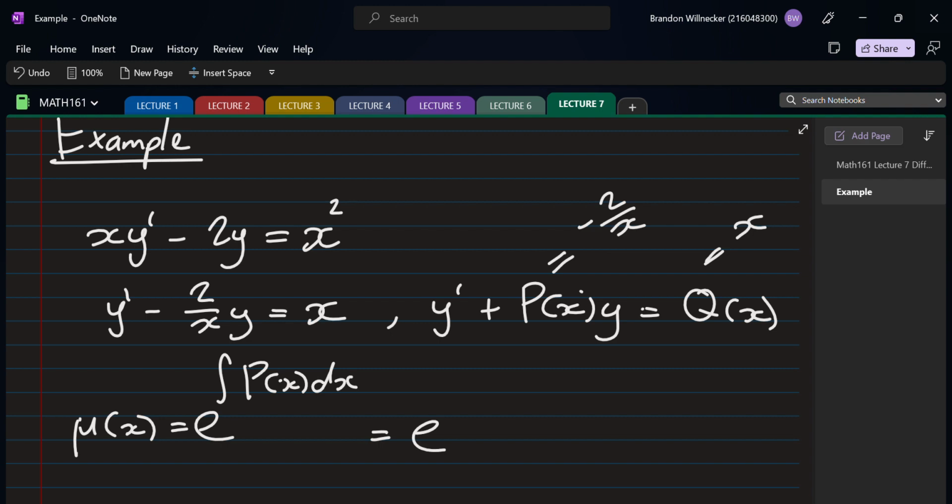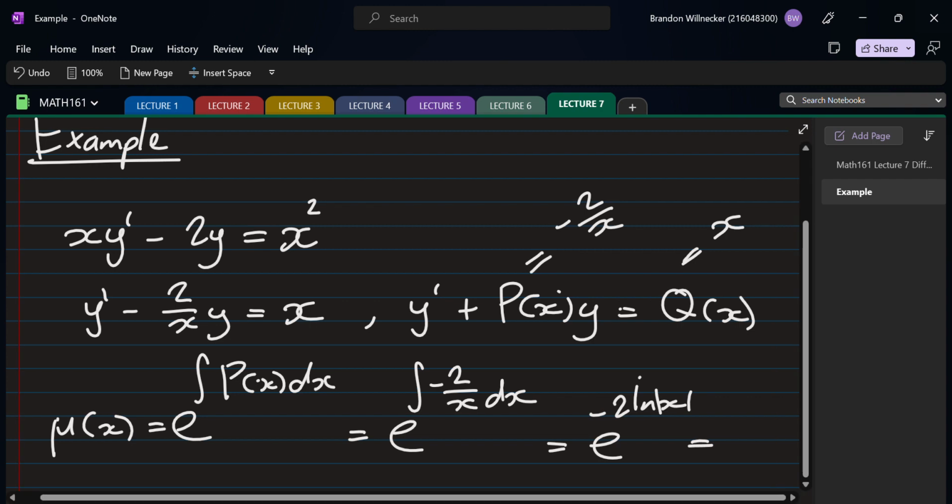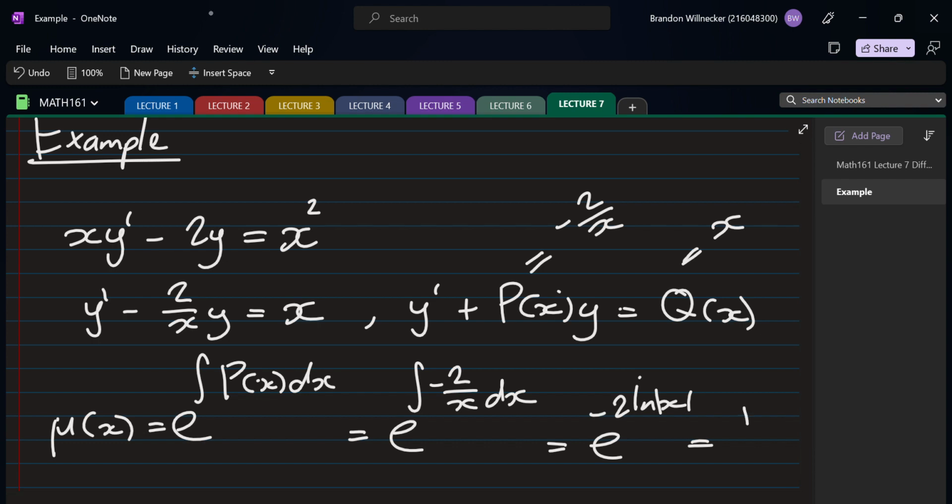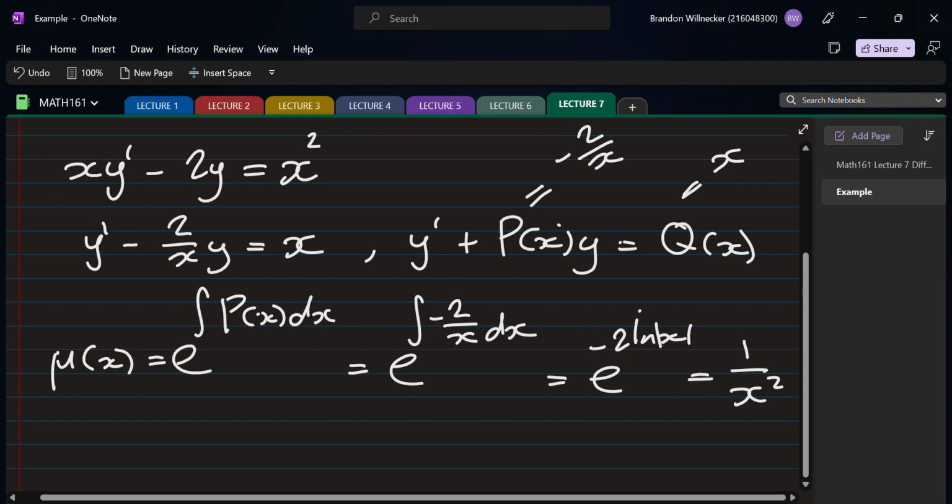So that's going to be e to the integral minus 2 over x dx. That will be e to the minus 2 natural log of x. Okay, we can take the minus 2 inside the logarithm there, so we end up with 1 over x squared. So that's going to be our integrating factor.